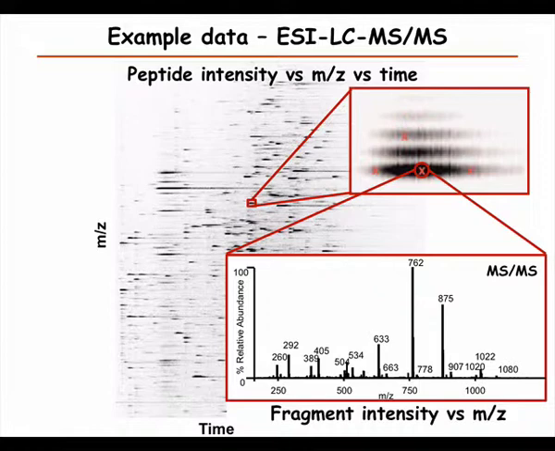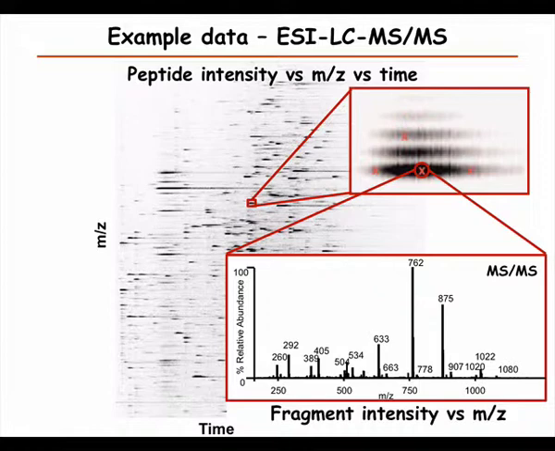First the instrument takes a survey spectrum, and then it does a quick peak finding. Usually the person that runs the instrument can decide in advance how they want the mass spectrometer to do it. But usually one would take the most intense peak, isolate it, and fragment it, and then the next one, and so on.